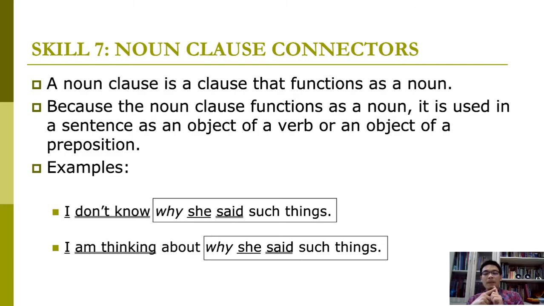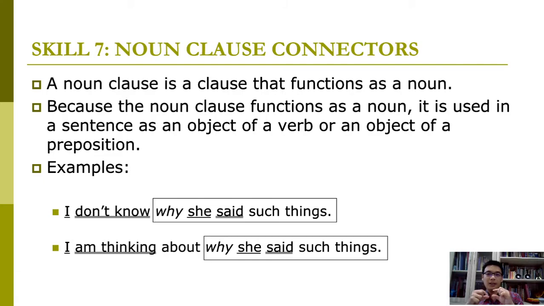So what is the connector there for the noun clause? It is why. The subject is she and the verb is said. Why she said such things is what we call a noun clause. And it is put after the verb know.